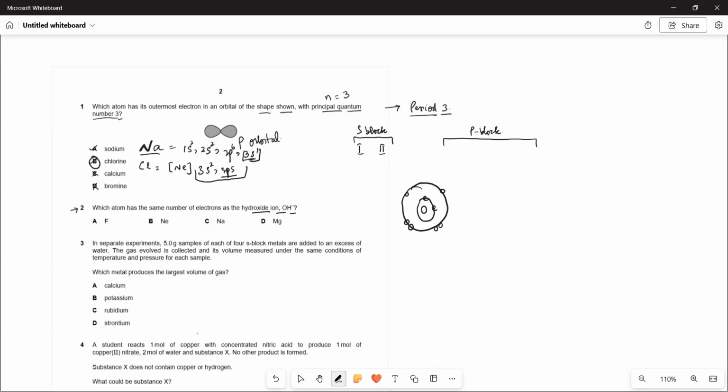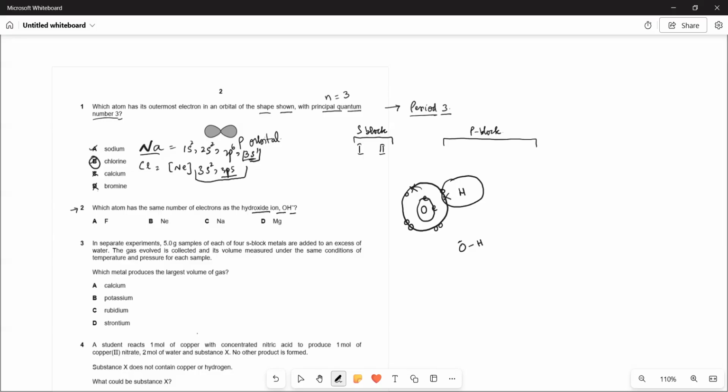And out of those 6 in the outermost shell, it is using one of its electrons to make a covalent bond with hydrogen. So that is now OH, neutral without any charge. But if oxygen gets 1 electron, then it is negatively charged. So I can write it like this: OH and minus 1. Clear? So in this hydroxide ion, how many electrons?